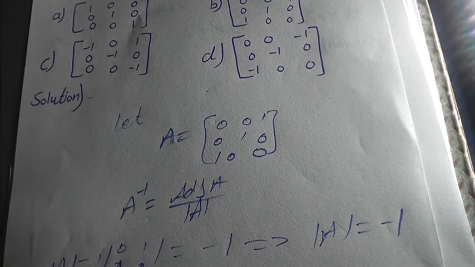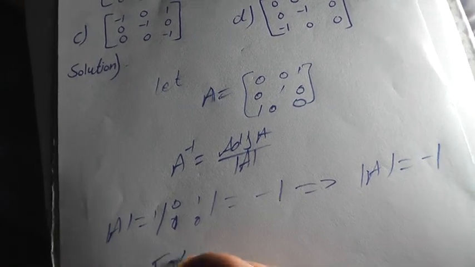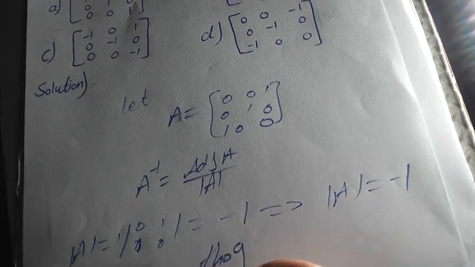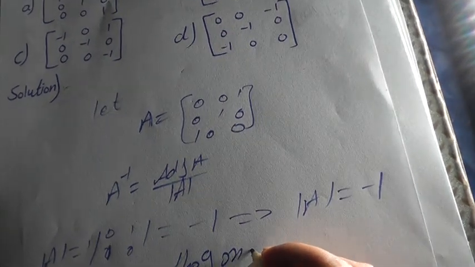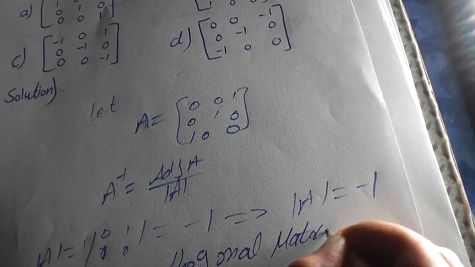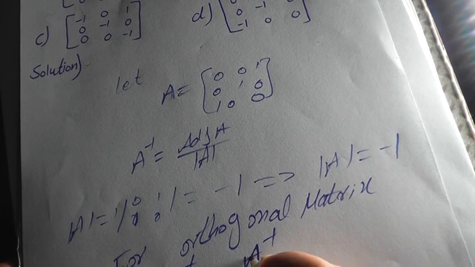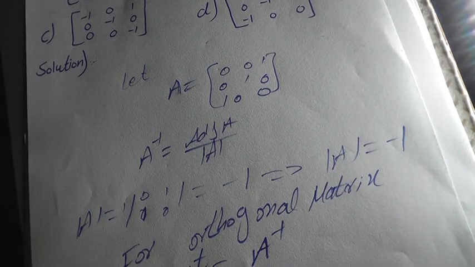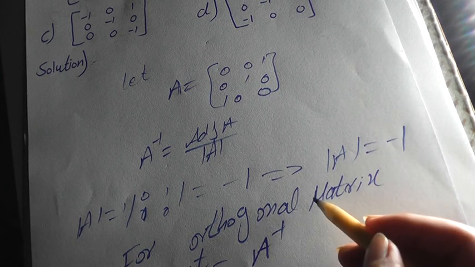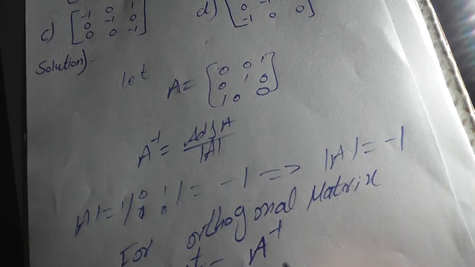As we know, if the determinant of any matrix is equal to +1 or -1, then that matrix is an orthogonal matrix. For an orthogonal matrix, A transpose is equal to the inverse of A. The determinant tells us that it is an orthogonal matrix, and an orthogonal matrix implies that the transpose of A is equal to its inverse.